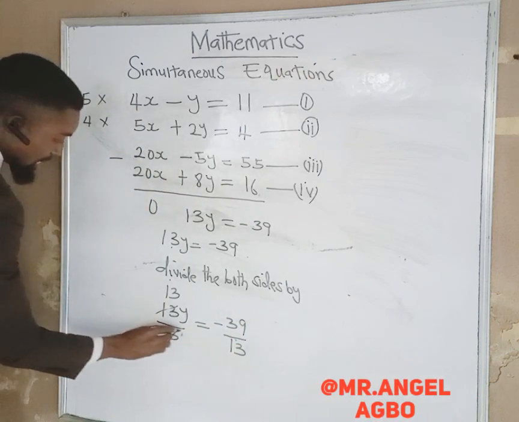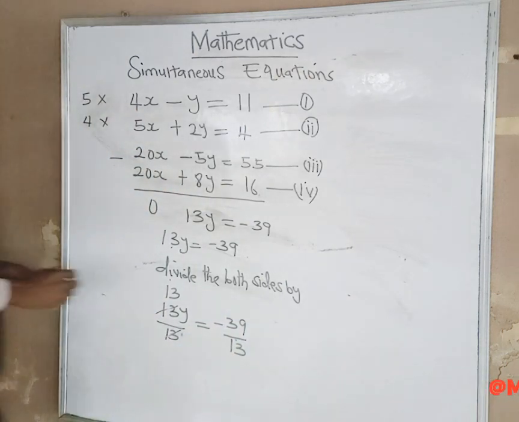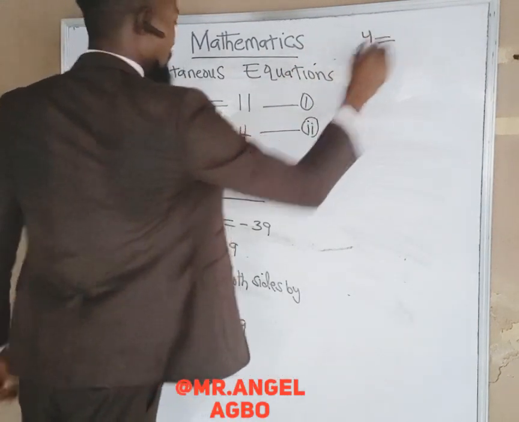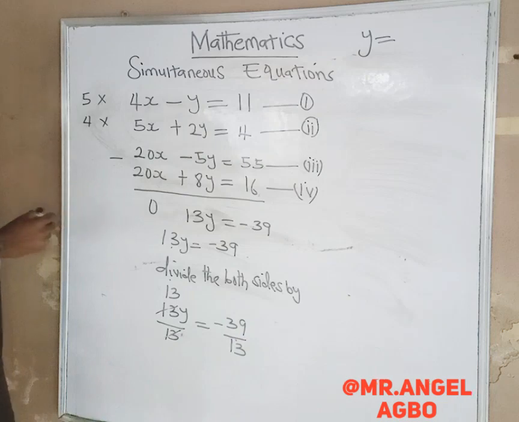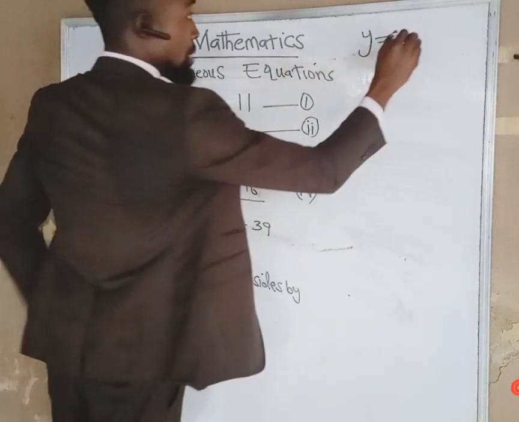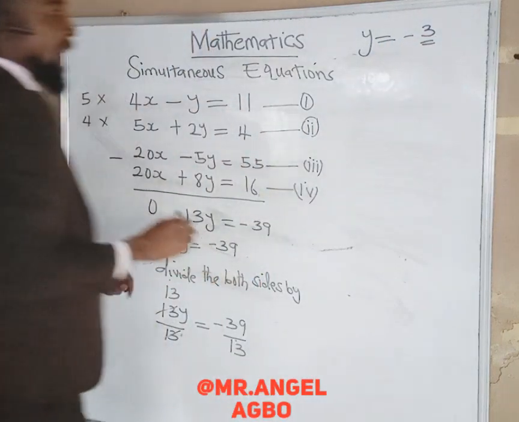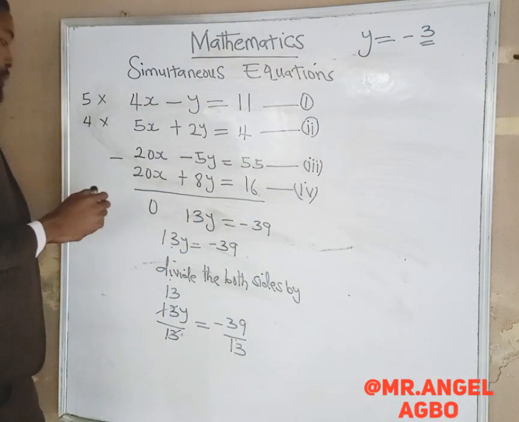You agree with me that 13 divided by 13, we have y. So our y here would be equal to, how many times 13 will enter 39? I think it's 3, yes, I'm right. Then we have minus 3. Our y is equal to minus 3.